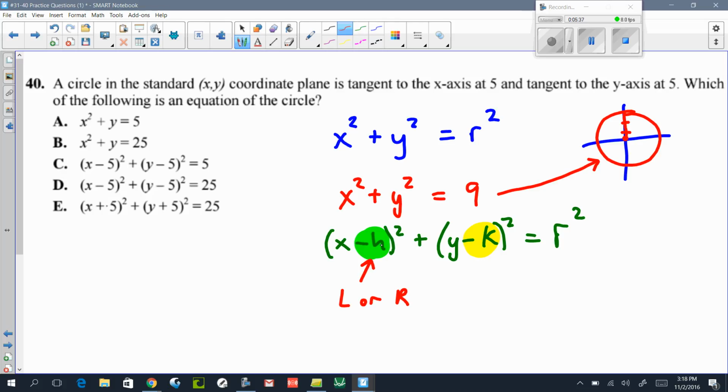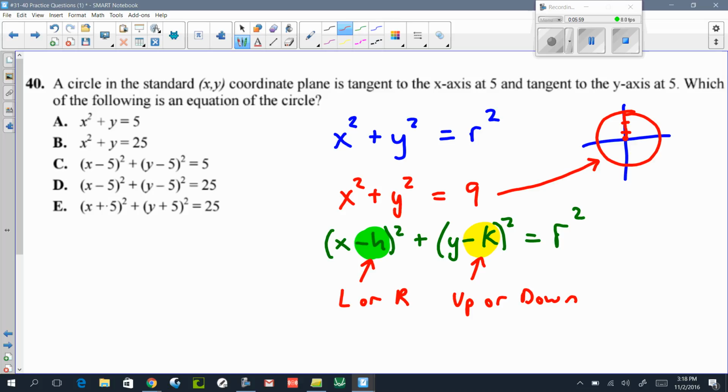Again, if it's -5, it's actually going to move to the right. If it's -6, it's actually going to move down, etc. So it's backwards from what you'd think. This value in here determines left or right, and this value in here determines up or down in this particular case for a circle. This is also going to be backwards from what you would think.